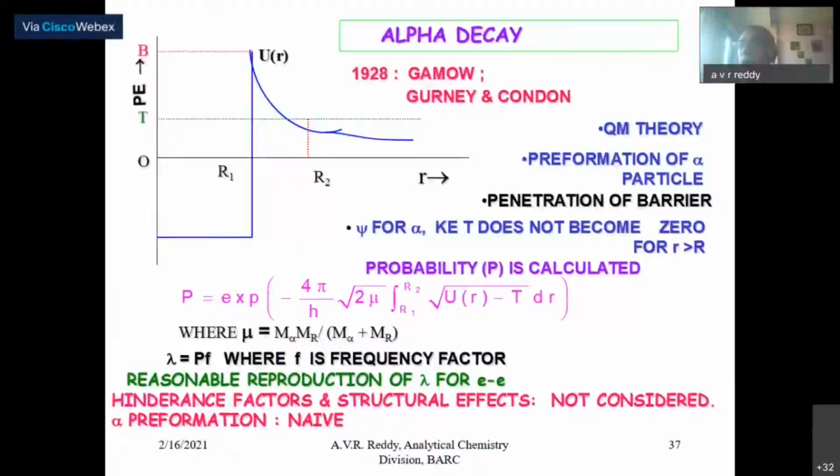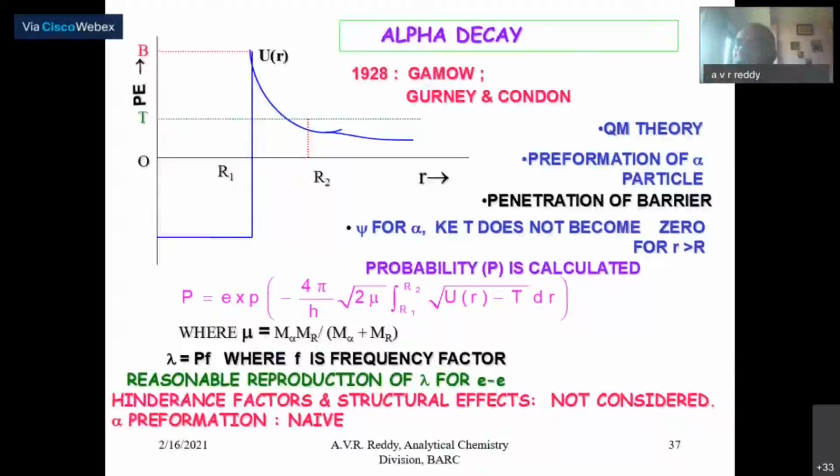Over and above, a small change in the energy from 4 to 4.5, 4.5 to 7, 7 to 8, gives a drastic change in the decay. That means decay probability is increasing exponentially. So, Gamow, Gurney and Condon in 1928 proposed a theory for alpha decay to explain the observed Geiger-Nuttall law.